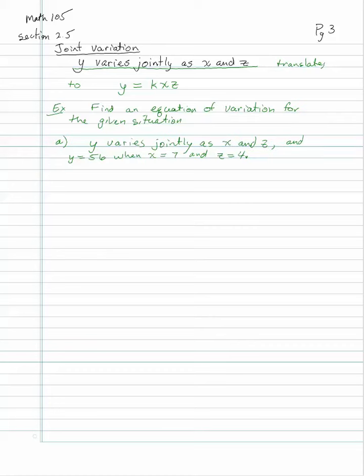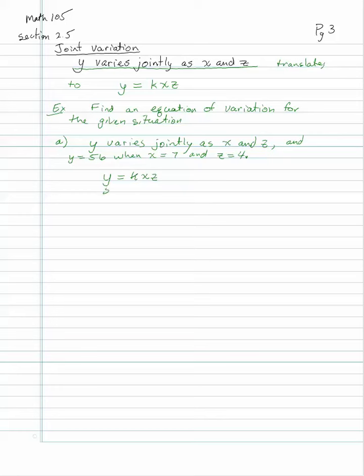Okay, so find an equation of variation for the given situation. So I just want to go over some different scenarios, just the first part of these types, just setting it up, finding k to get the equation of variation. Alright, so y varies jointly as x and z, so we translate that to be y equals kxz. Then we're going to plug in the observed values of x, y, and z all together.